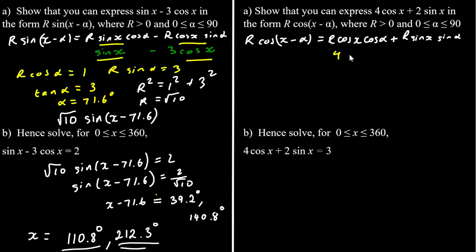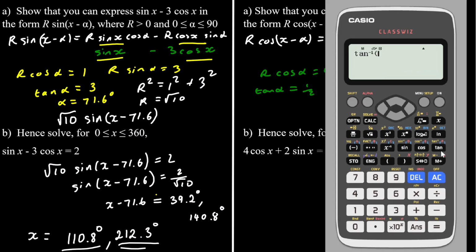Let's compare what we have. So we can see that r cos alpha is 4 and r sin alpha is 2. So tan alpha is going to be 2 over 4, which is a half. Shift tan a half, 26.6.